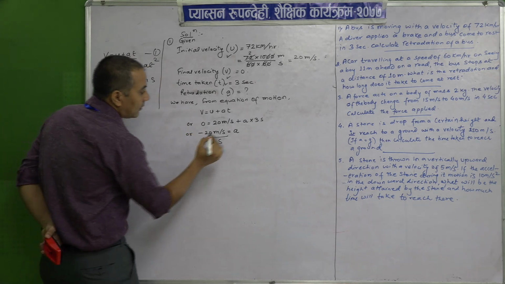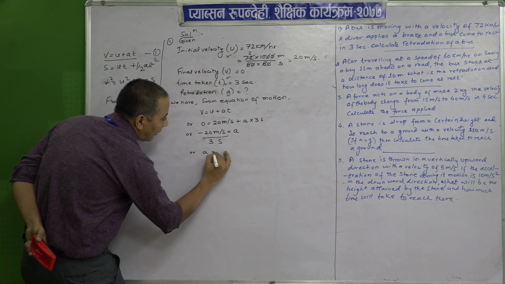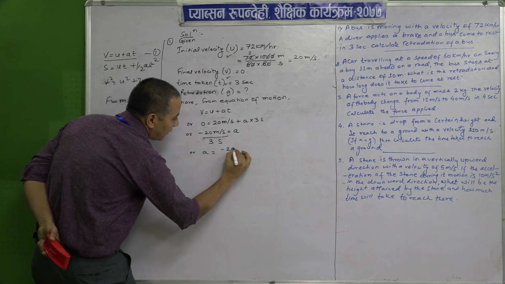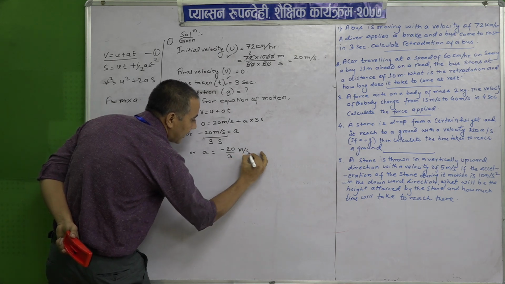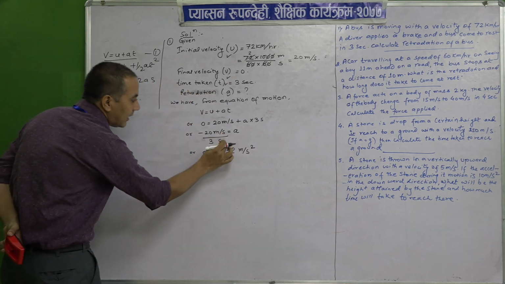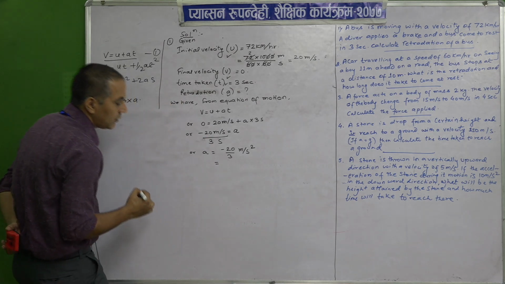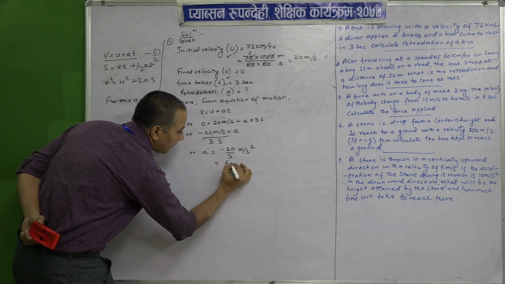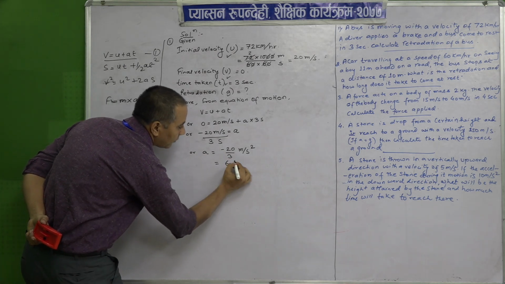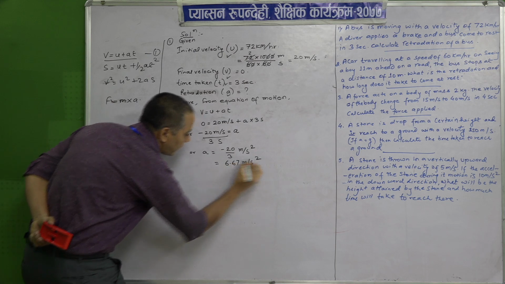Then a equals minus 20 upon 3 meter per second square. Yes, SI meter unit. So, 3 sixes are 18, point, again remember, 6.67 meter per second square.